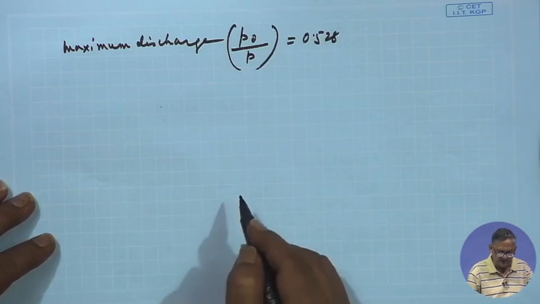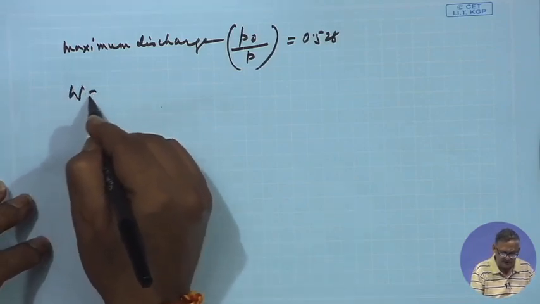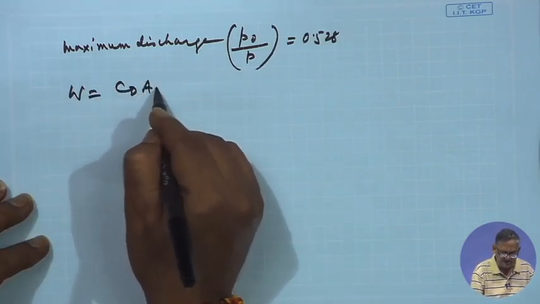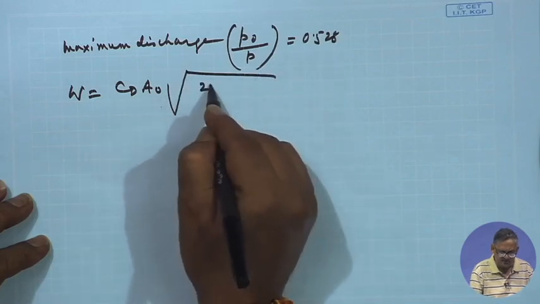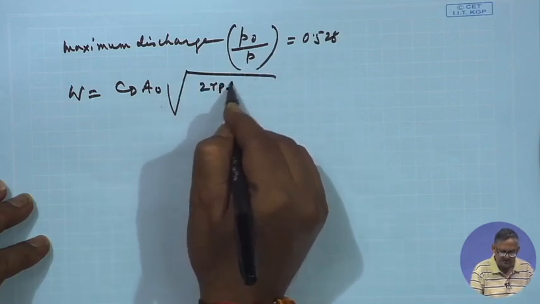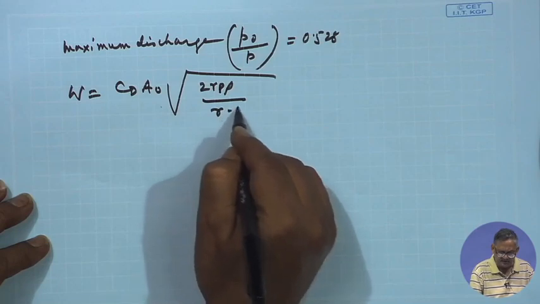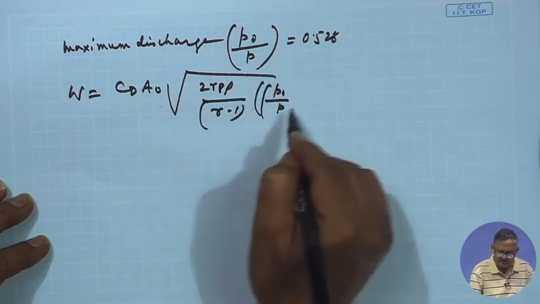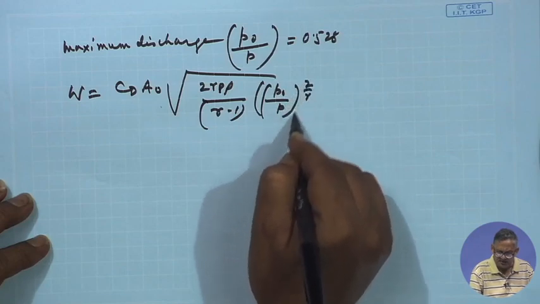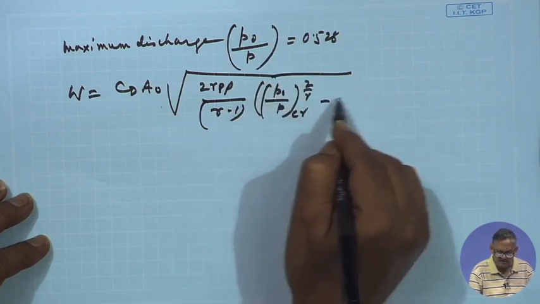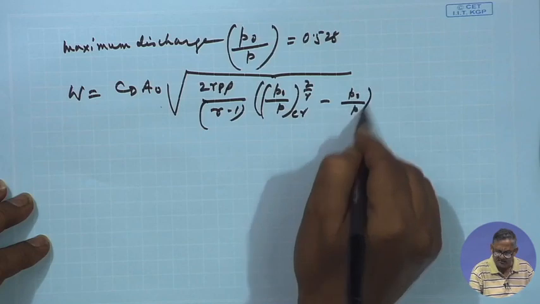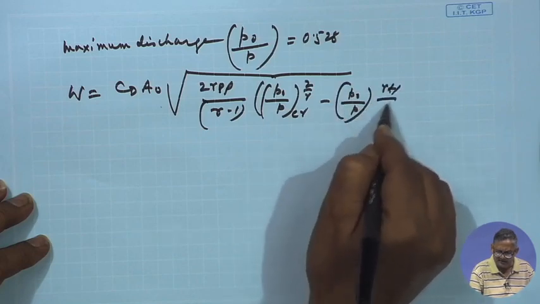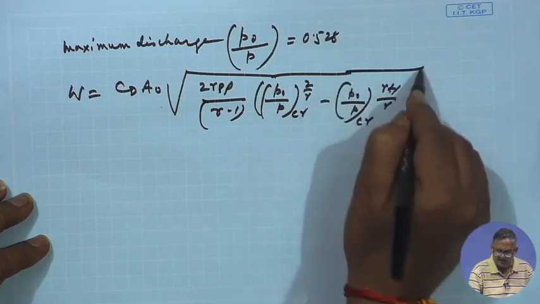If that be true, then we can write W is equal to CD S0 under root 2 gamma P rho by gamma minus 1 into P0 by P to the power 2 by gamma under critical minus P0 by P to the power gamma plus 1 by gamma under critical, right.